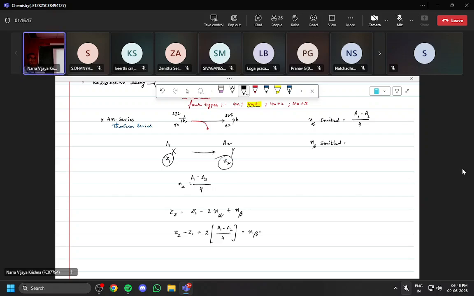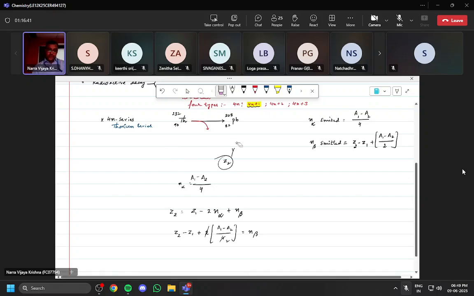So, the number of beta particles emitted, what will be the formula? Z2 minus Z1 plus (A1 minus A2) by 2. Now calculate how many beta particles are emitted here.